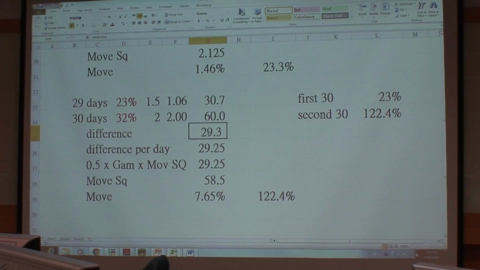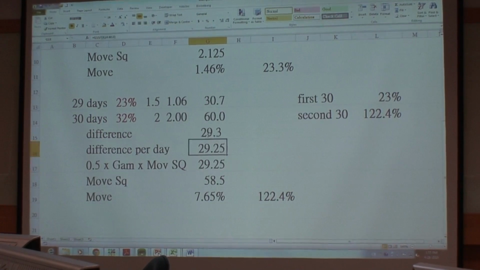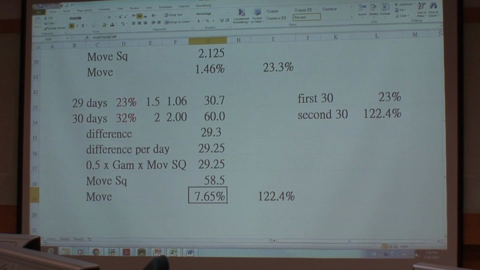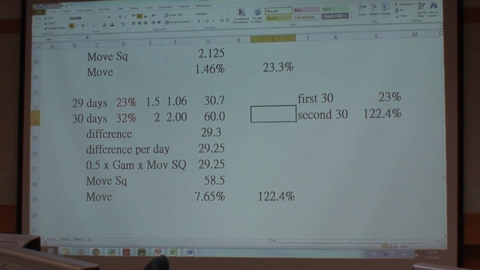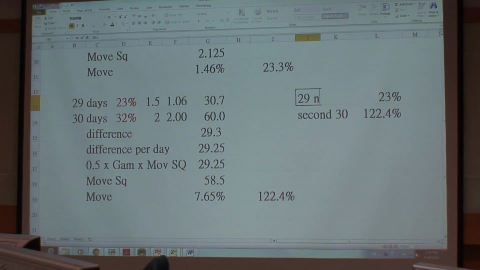So then I apply the gamma revenue formula. Half times gamma times move squared is 29.25. So if I say gamma is 1, share price 100, which we always did, it boils down to a 7.6% move, or volatility 122. So this is 29 normal days, and this is earnings day.